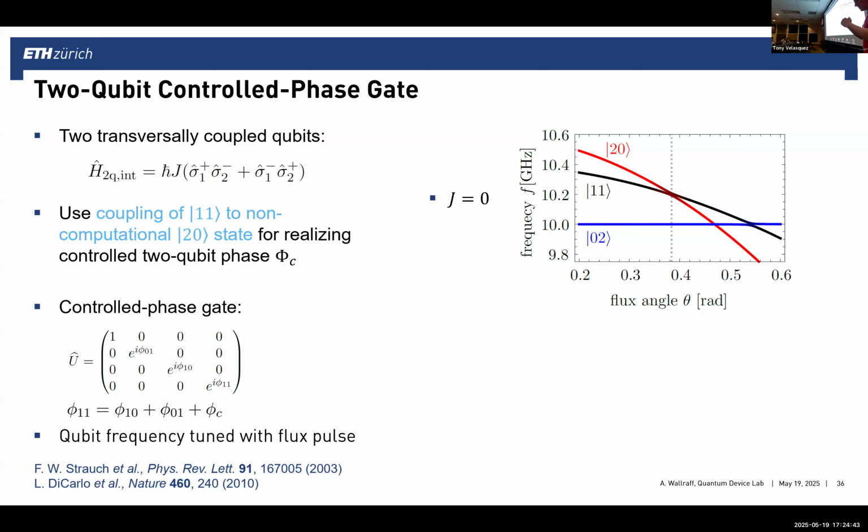And at this crossing, the same coupling interaction that I mentioned leads to a hybridization that, through the same fundamental mechanism, you can use to create a 2-qubit gate. The main difference now is that you make use of a second excited state of one of the qubits, and that creates a different set of phase factors for your individual qubits.